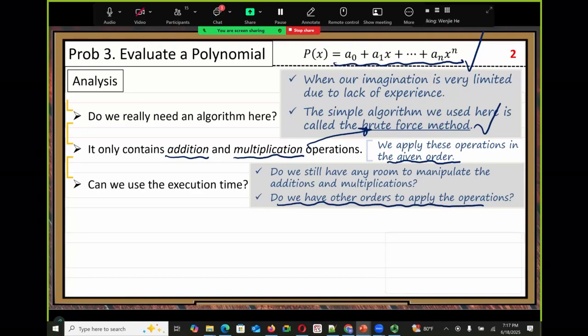Next, we come back to the efficiency measurement question.